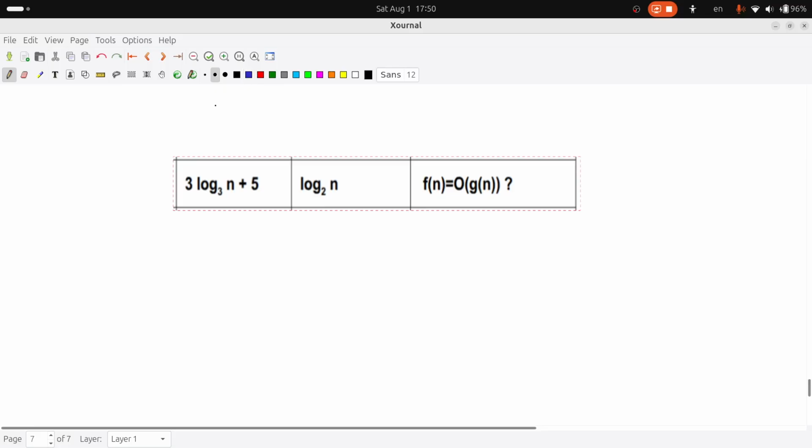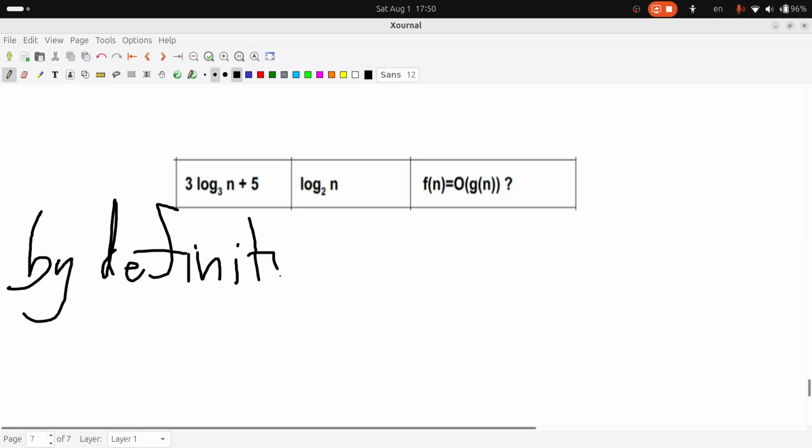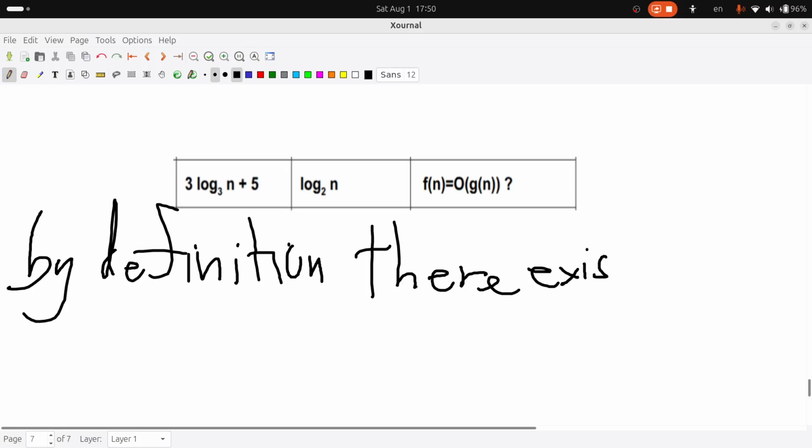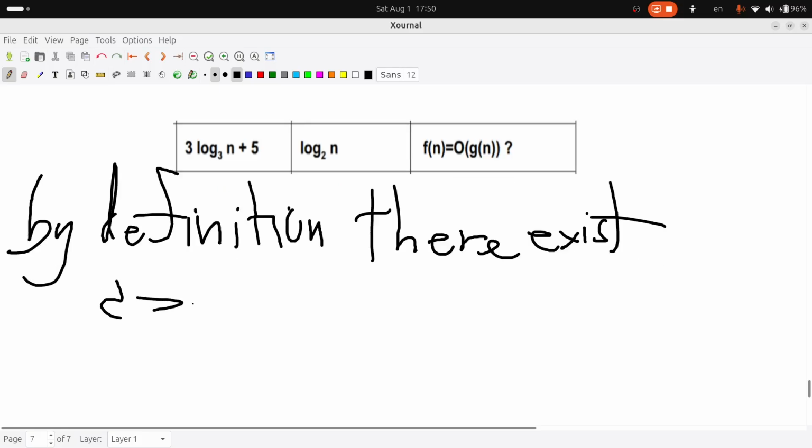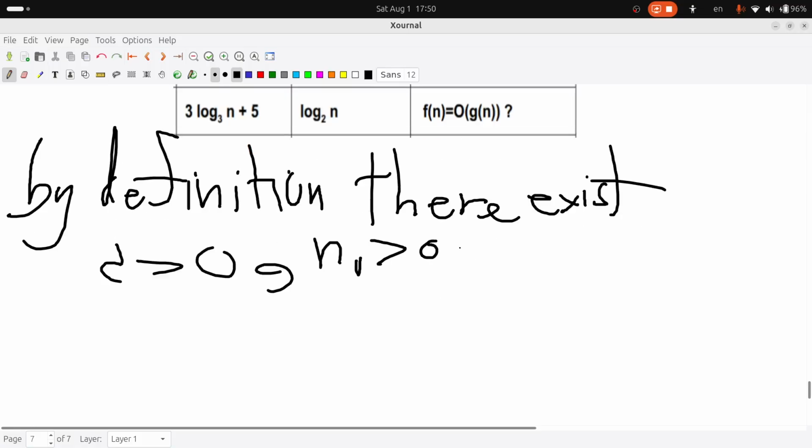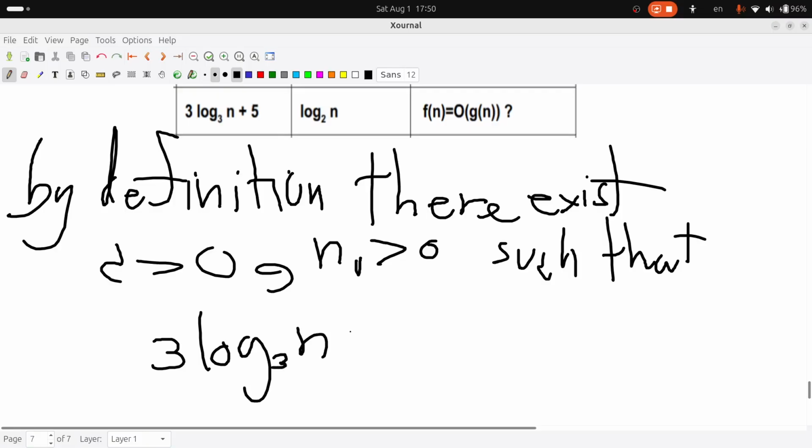And for the definition of big O notation, if you can remember, we can write that by definition, there exist a constant c greater than 0 and some starting point n0 greater than 0, the same as theta notation, but only the upper bound: 3 log n base 3 + 5 is less than or equal to c log n base 2.